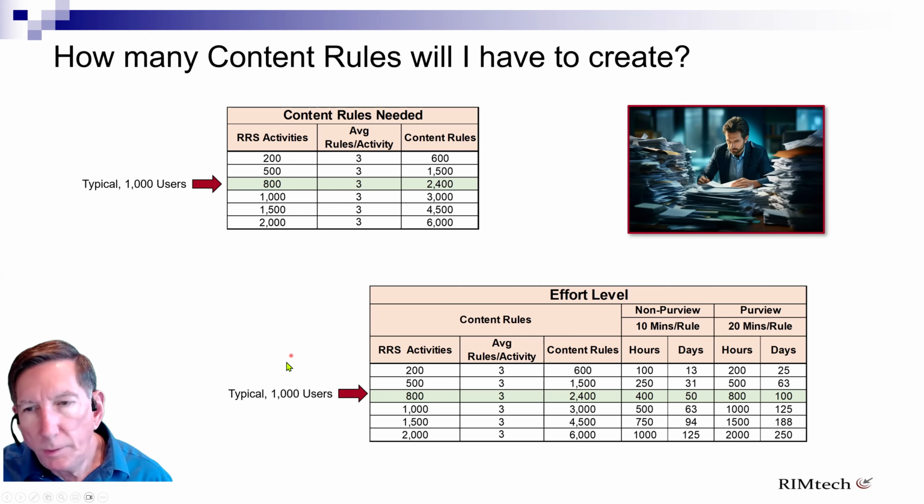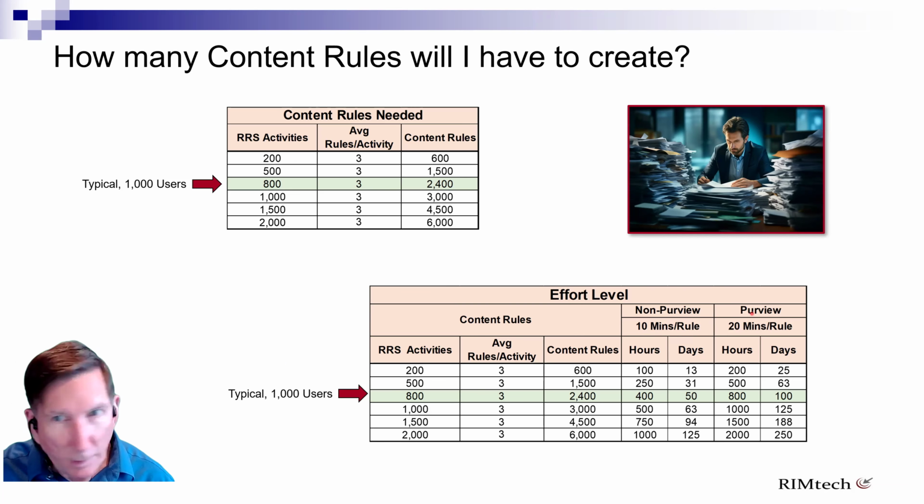So I have a rule of thumb here, which is a non-Purview product, give yourself 10 minutes per rule. A Purview product, well, there's only one. If it's Purview, give yourself 20 minutes per rule. Okay? Now, if you want to do the math, which I've done for you here, how long is it going to take you to create 2,400 rules?